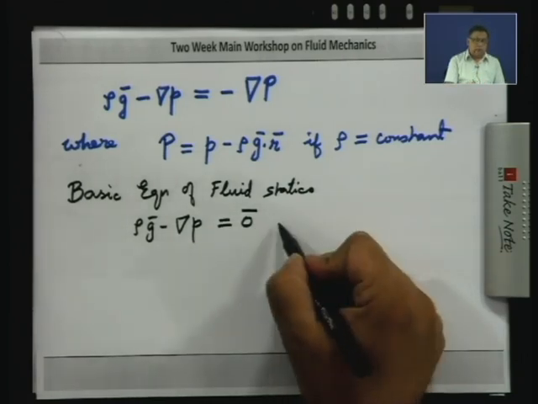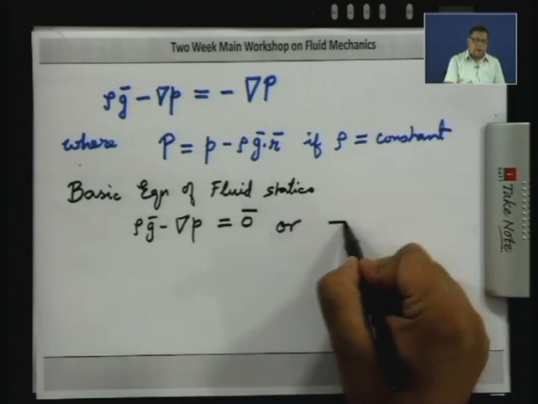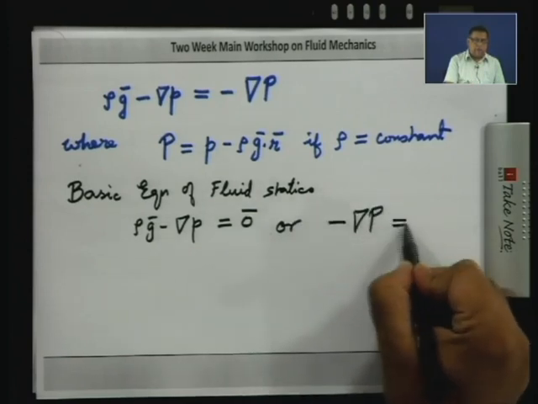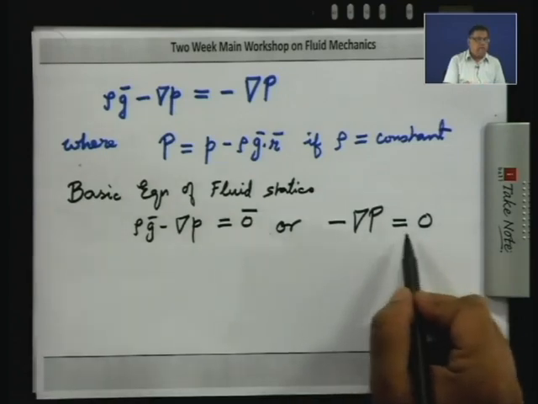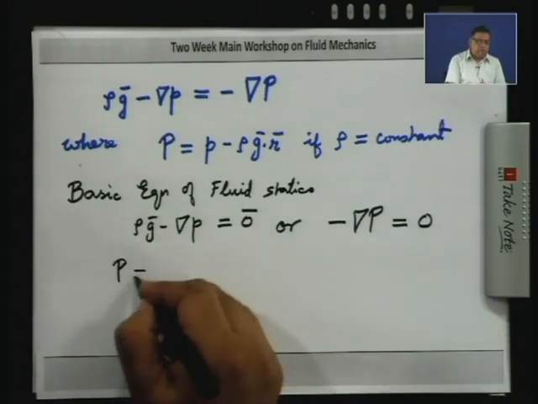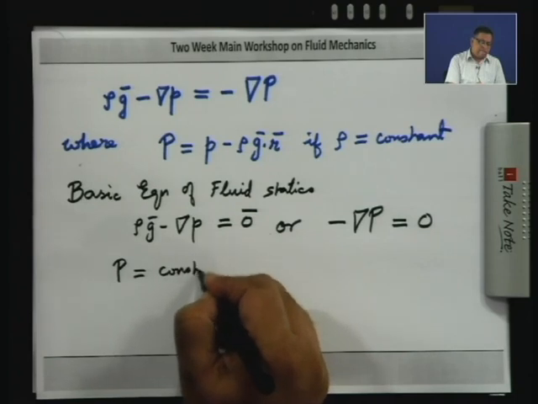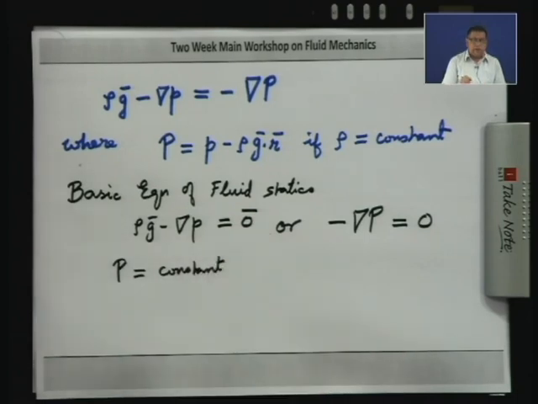Now, this I can write as minus grad of capital P equal to 0, which means that grad of capital P is 0. So, capital P is a constant. This result we had derived earlier.